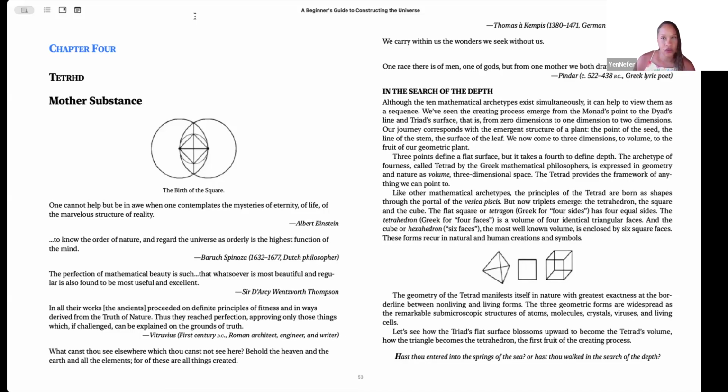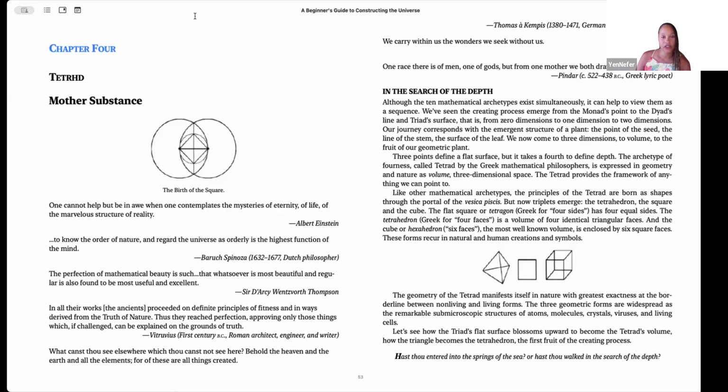I'll read a few of the quotes. Sometimes I do skip over the quotes, but feel free to pause the video to take a look at any additional quotes that I may not read or images that I may not speak of. One cannot help but be in awe when one contemplates the mysteries of eternity, of life, of the marvelous structure of reality, Albert Einstein.